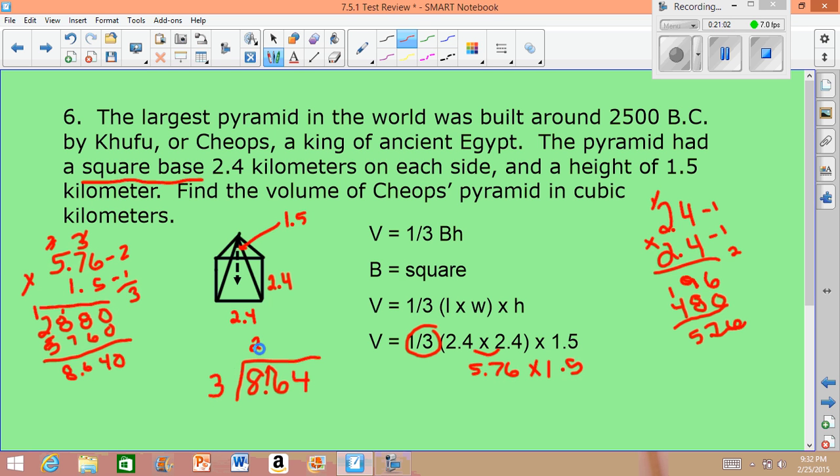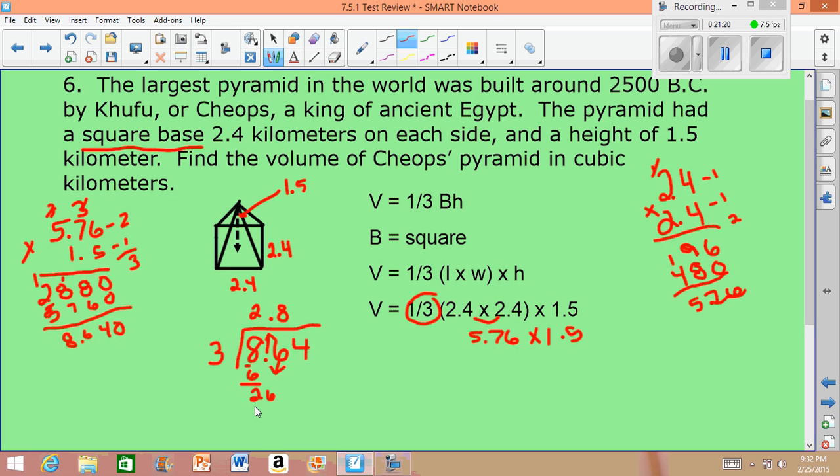So remember, when you divide, bring your decimal point straight up. So 3 goes into 8 2 times. That's 6. Subtract, I have 2 left. Bring down my 6. So 3 goes into 26. Make sure my decimal point's there. 8 times. That gives me 24. Subtract. 2 left. Bring down the 4.